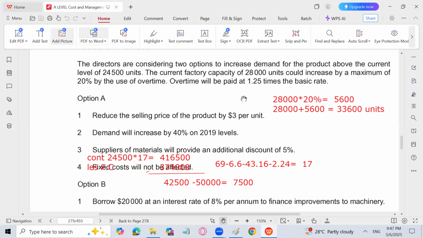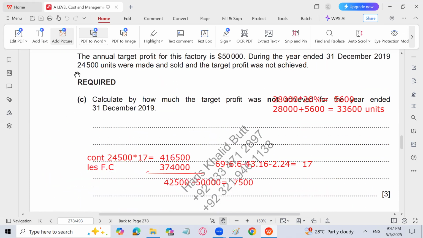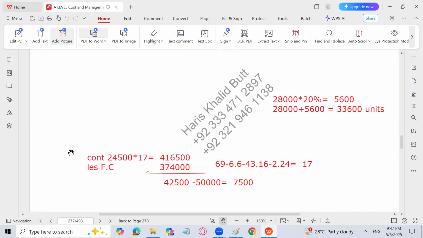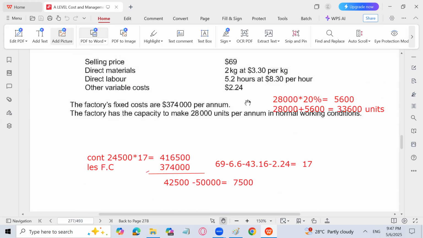See, let me show again. Overtime will be paid 1.25 times the basic rate. So the basic rate, just a minute, the basic rate is 8.3. The hours are going to be used at the same level, which is 5.2. But this 8.3 is going to be paid at 1.25.